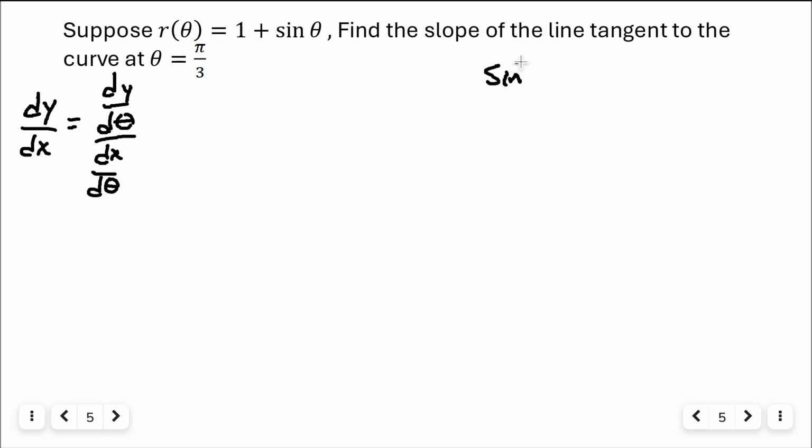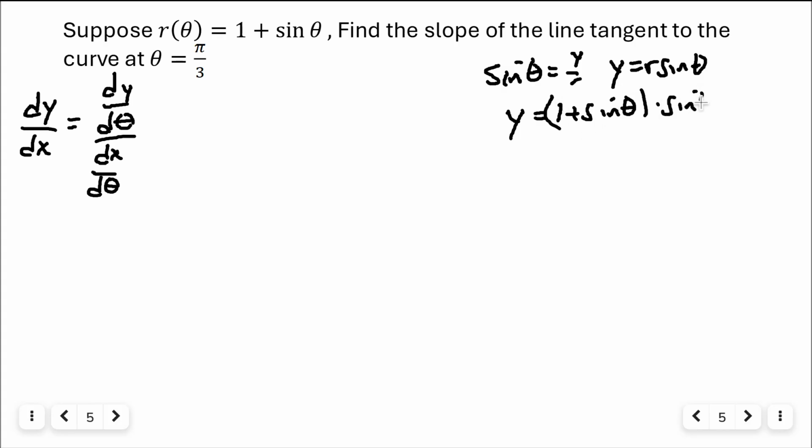So sine theta is equal to y over r. So that means y is equal to r sine theta. So y would be 1 plus sine theta times sine theta. Okay, I'm going to distribute that. It would give me sine theta plus sine squared theta.